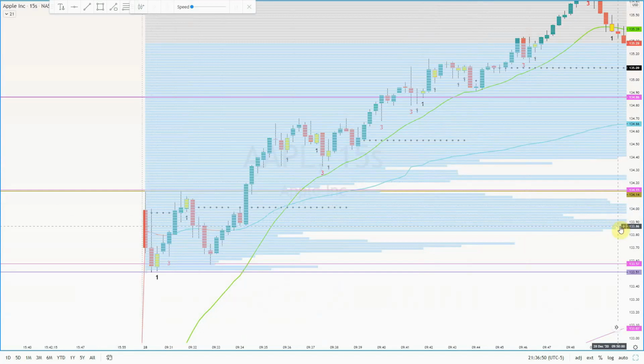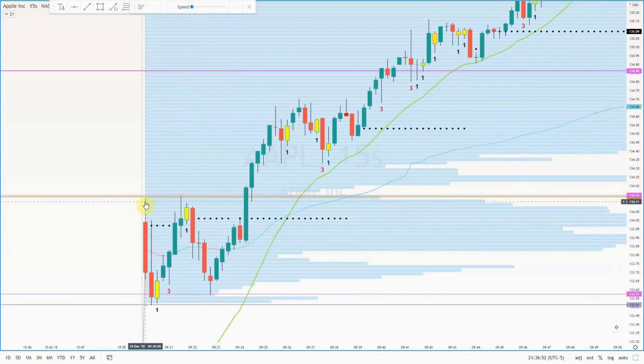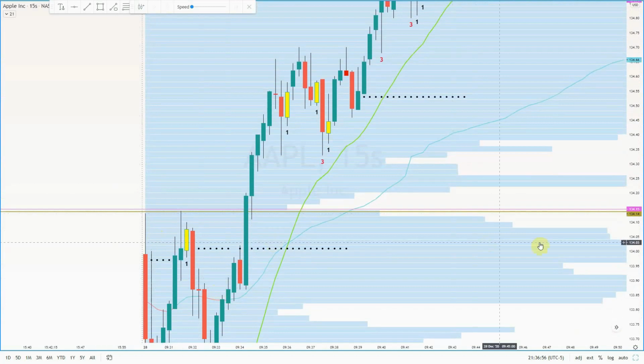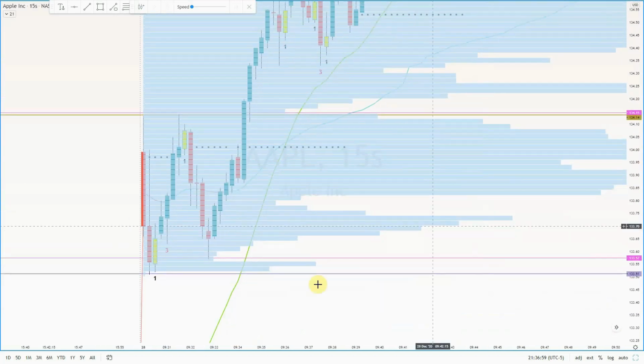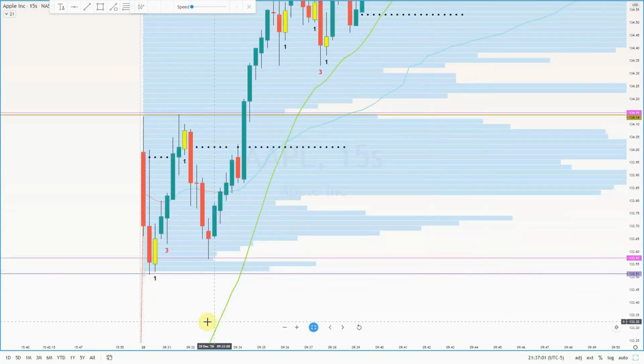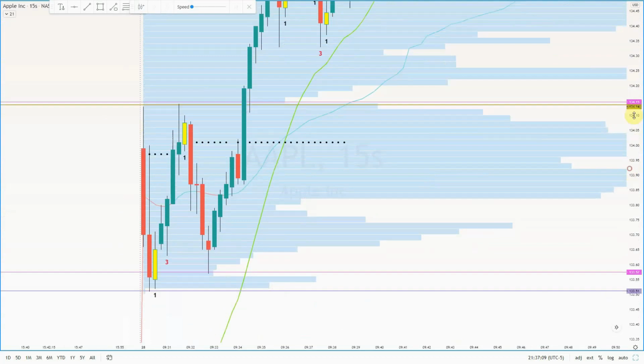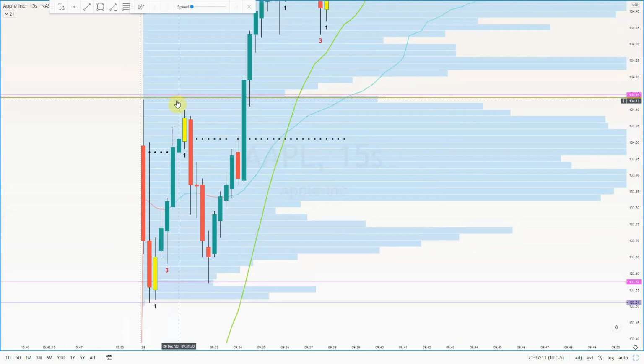So what I notice out of the gate here on the 15-second is that we have a high, which is right at those pre-market highs. We've got a low, which is right at the highs from Thursday. So a high, a low, a higher high. I mean, it's barely higher, but that's still a higher high, and a higher low.